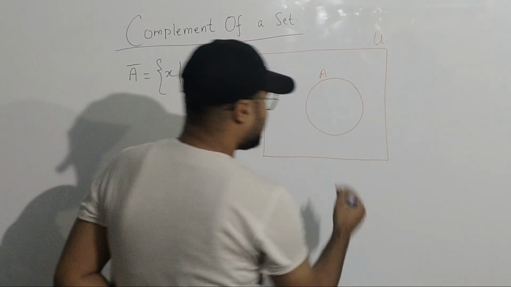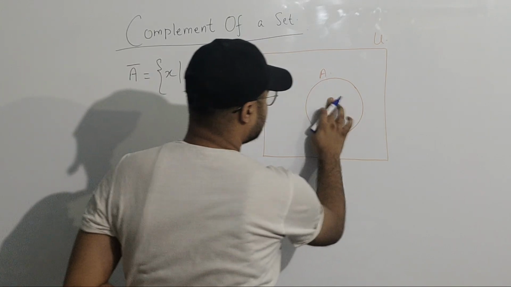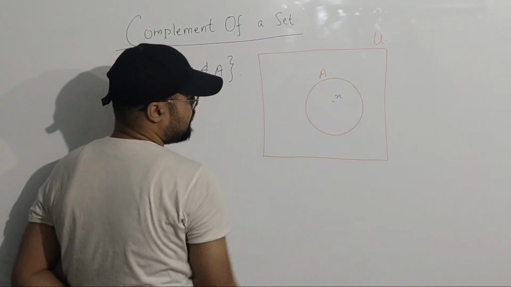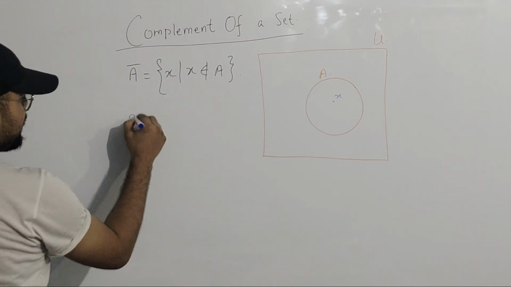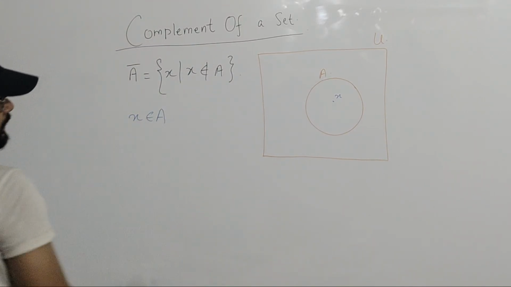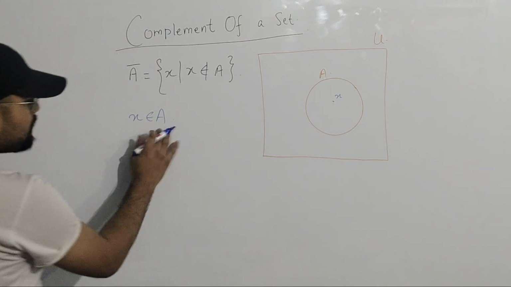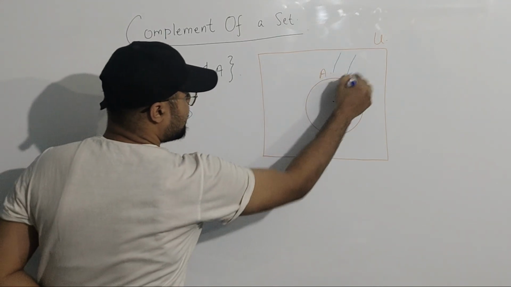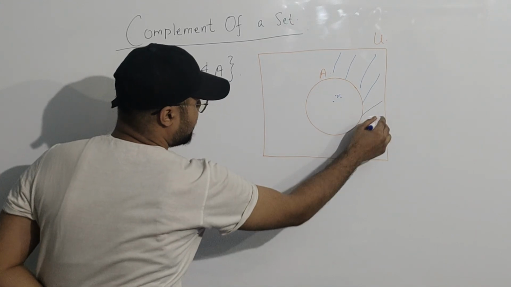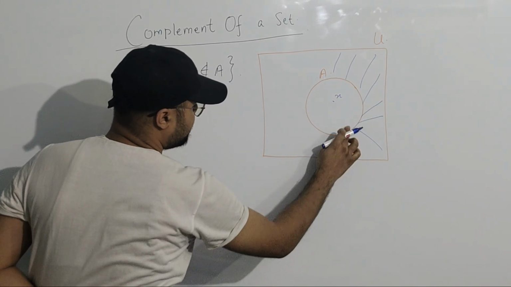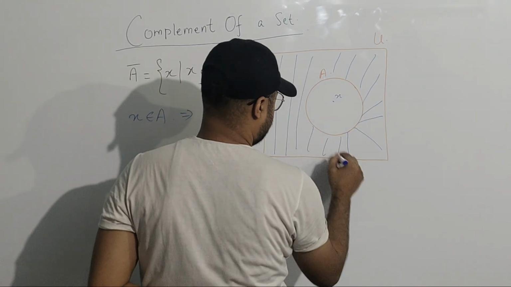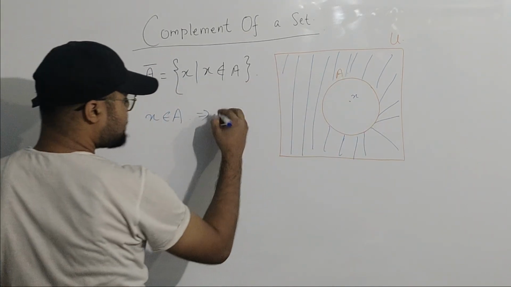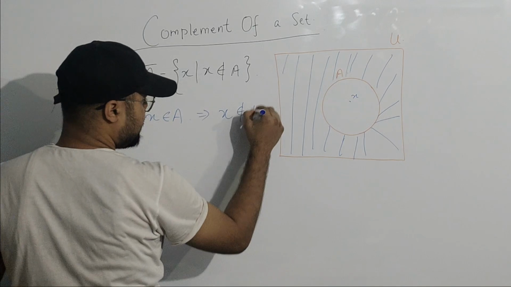So take any element here, let's say any element X that is in A. So if X belongs to A, this is your A complement, right? Everything apart from A, anything outside of A. So if X belongs to A, then X does not belong to A complement.